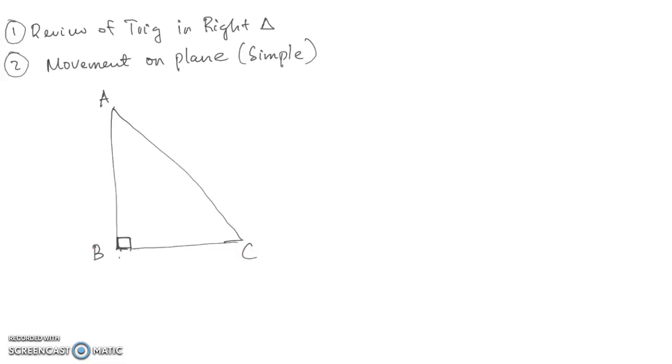The trigonometry part will have you identify the other angles. In this triangle ABC, angle B is 90 degrees, and you have to identify the other two angles, angle A and angle C.